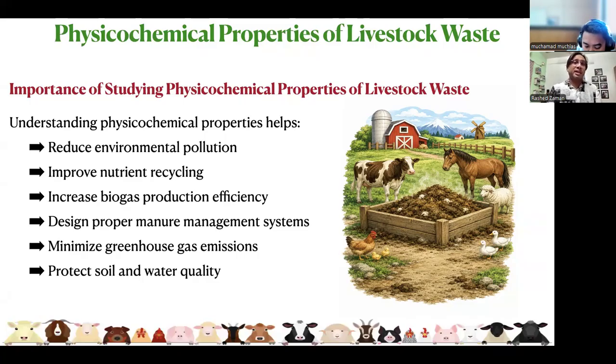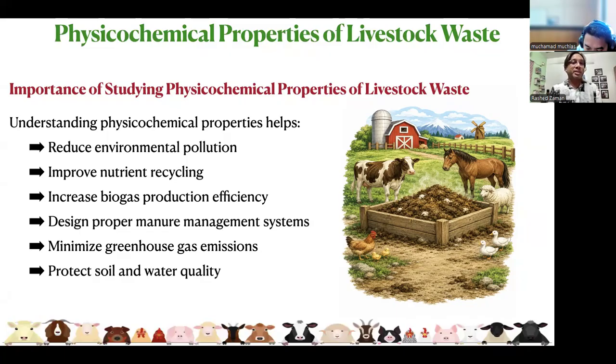For example, it helps us to reduce environmental pollution, because after studying these properties, we will know how to handle or treat this waste to turn it to beneficial uses and how to control the environmental pollution.